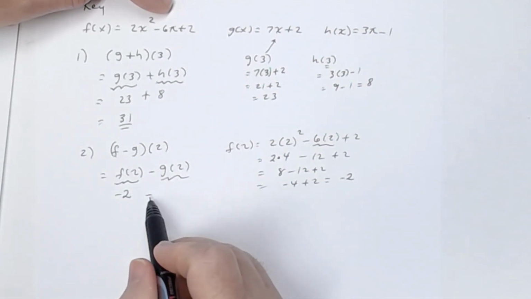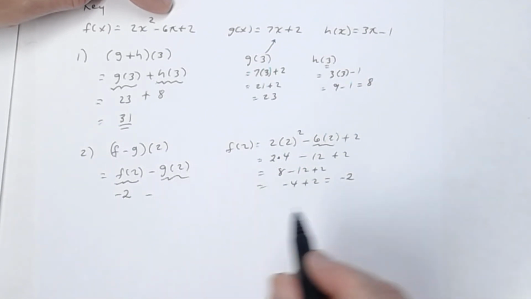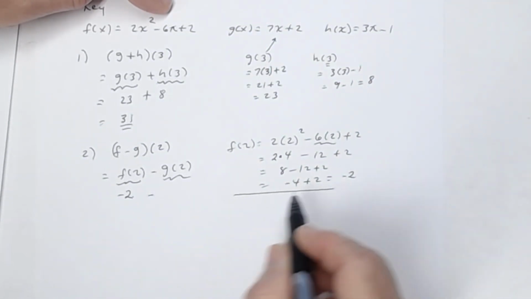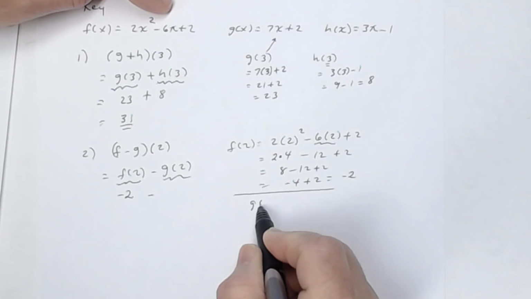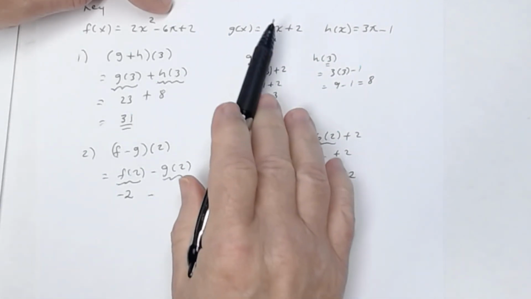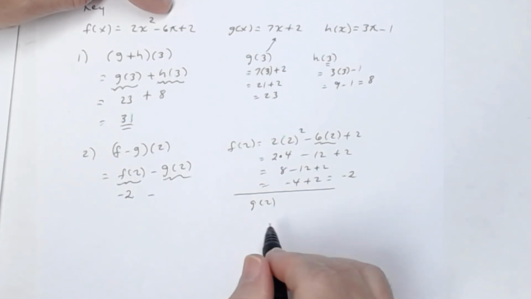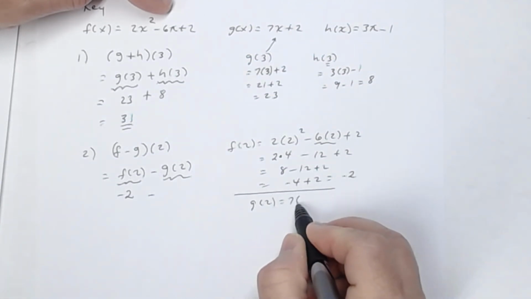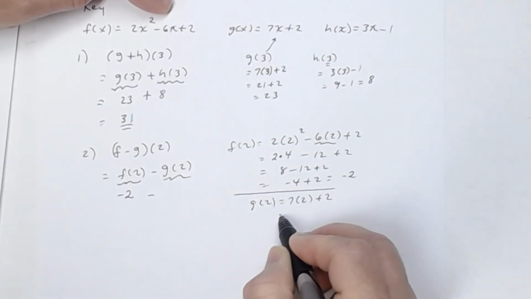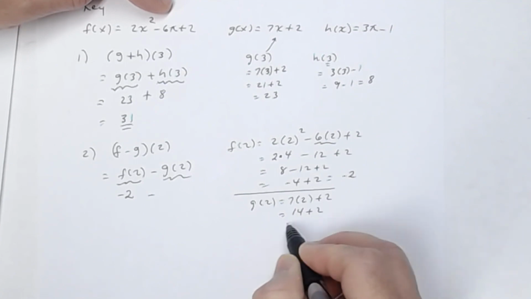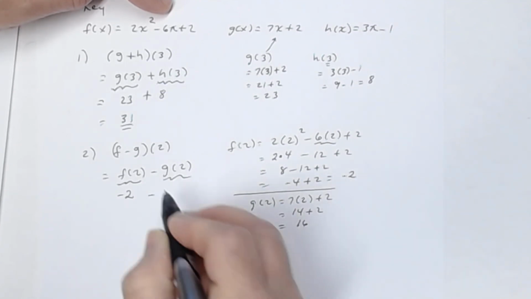And then I'm going to subtract from negative 2 whatever g of 2 is. So let's talk about g of 2. You go to your function g, which is 7x plus 2, and where we see the variable x, you substitute 2. So this becomes 7 times 2 plus 2, so that's 14 plus 2, which is 16.